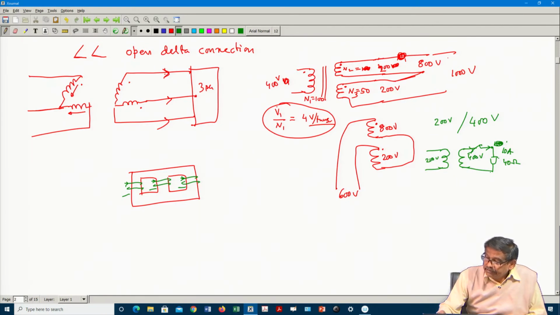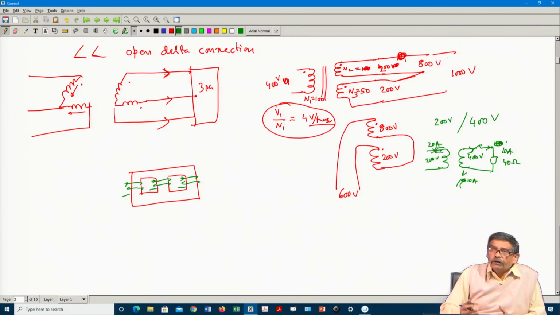And if 10 ampere is the maximum current you are expecting, then you will make this winding cross sectional area such that it must be able to carry 10 ampere current. And on the other side it will automatically be 20 ampere, we know that, and the cross sectional area of this wire must be double that of this one, because it has to carry 20 ampere.